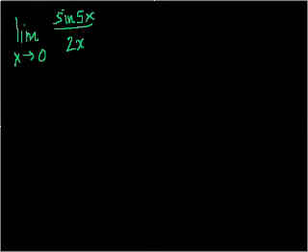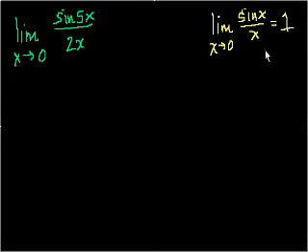Now, this looks a lot like sine of x over x, and we know sine of x over x. What is that? And if you don't believe me, watch the videos where we prove it using the squeeze theorem. We prove that the limit as x approaches 0 of sine of x over x is equal to 1. Now this looks almost like that. It'd be great if we could get it into that form, and then we'd be done. So how can we do that?